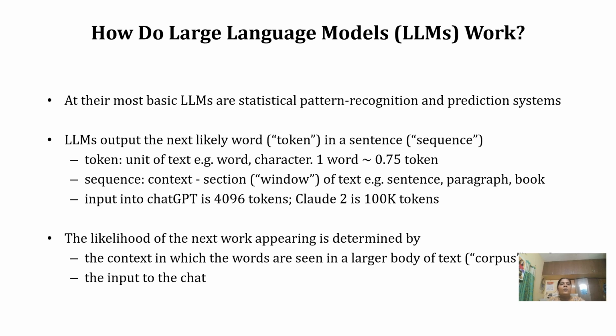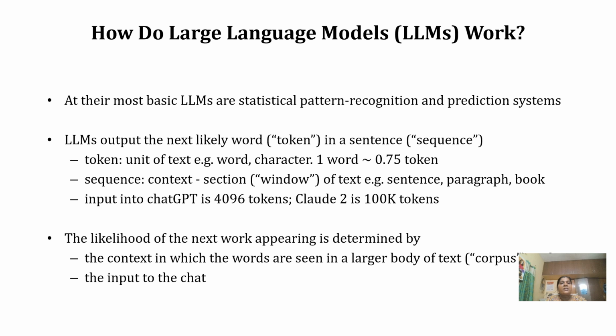When you talk about how LLMs work, the most basic LLMs are statistical pattern recognition and prediction systems. Through statistical probability, they compute the next word, what should come next, based on everything they have ever read.